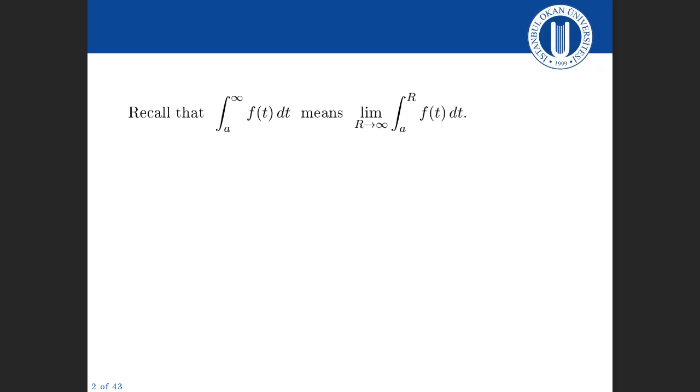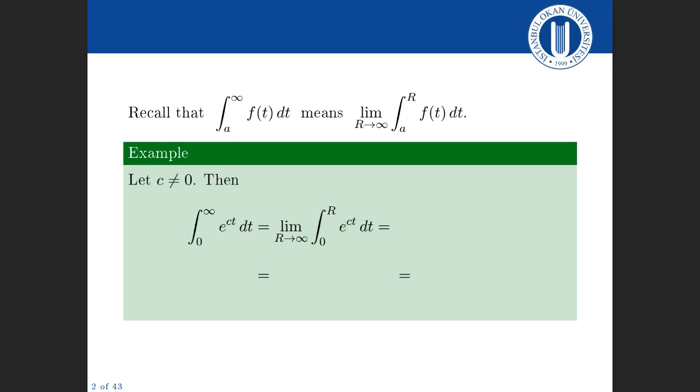So, for example, assuming that c is a constant which is not 0, if I wanted to calculate the integral from 0 to infinity of e to the power ct dt, then what this really means is the limit as r tends to infinity, integral from 0 to r, e to the power ct dt. And we can finish this calculation.